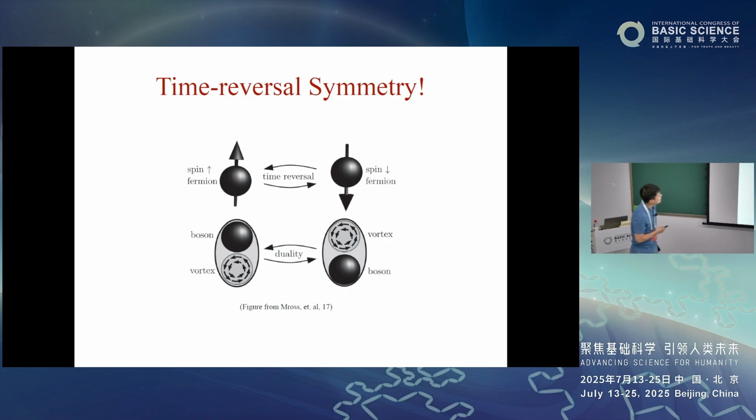It turns out that spin can be interpreted as essentially the dipole moment between this boson and the vortex. Now under time reversal, the boson and vortex exchange with each other. So boson becomes vortex, and vortex becomes the vortex of vortex, which is the original boson. So under time reversal, this dipole moment flips direction.